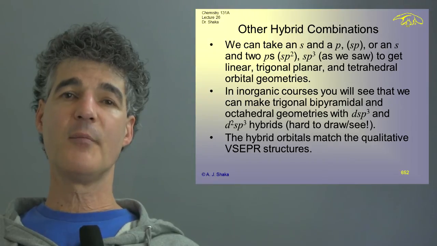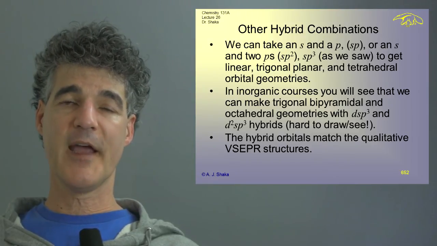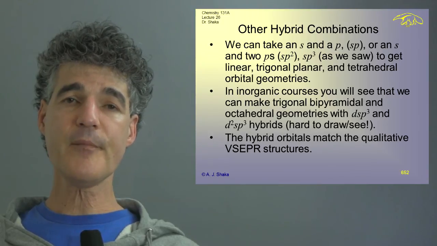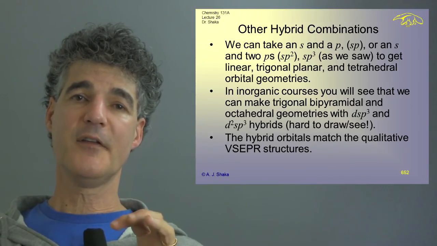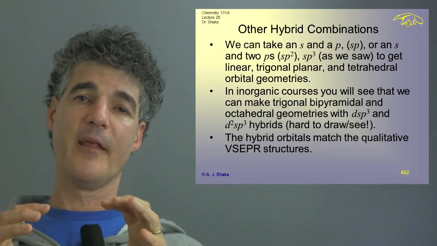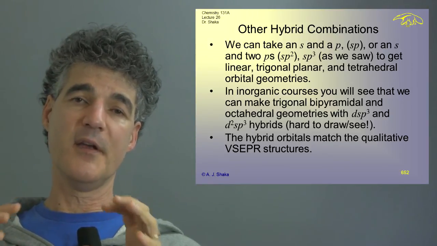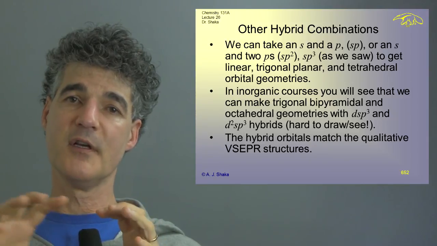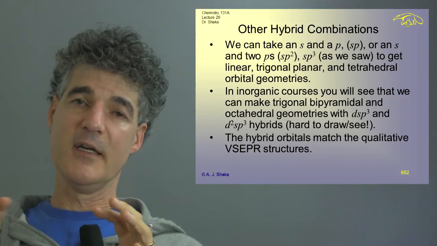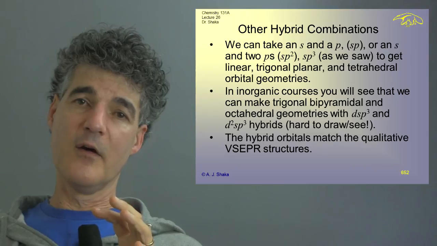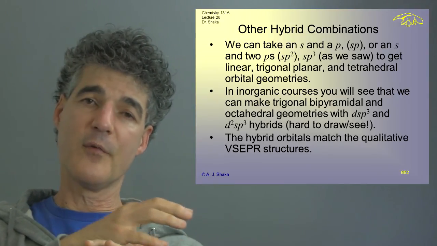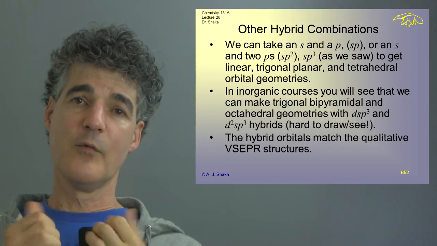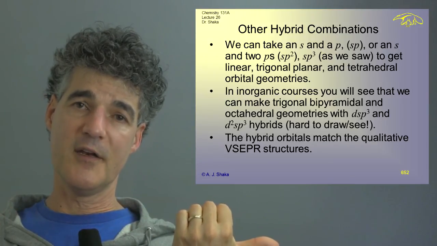There are other hybrid combinations, and they're derived in exactly the same way. If I've got an S and a P, then I can take S plus P or S minus P, roughly speaking, and I can get something that pushes a positive red lobe one way or a positive red lobe the other way. And an atom that's hybridized like that will make bonds at 180 degrees.